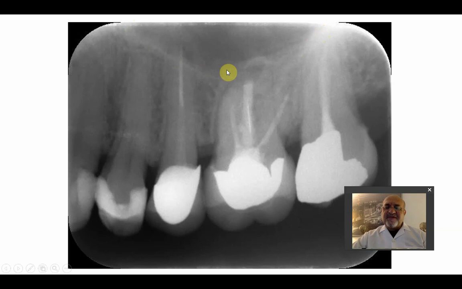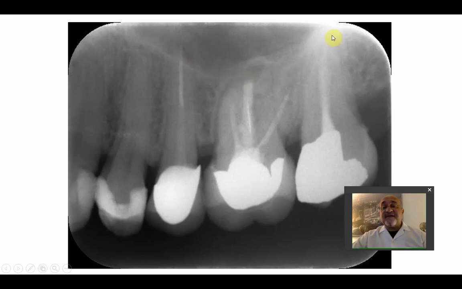Anyways, the maxillary sinus is one of, as you know, the paranasal sinuses, and the maxillary sinus in particular has a special relationship with the upper posterior teeth. The floor of the maxillary sinus would appear normally as a continuous thin radio-opaque line.